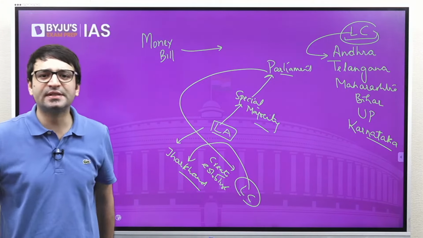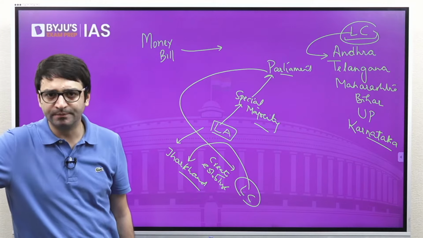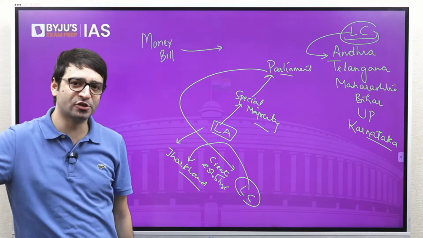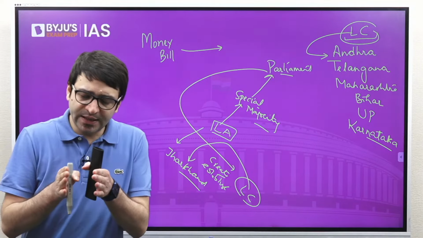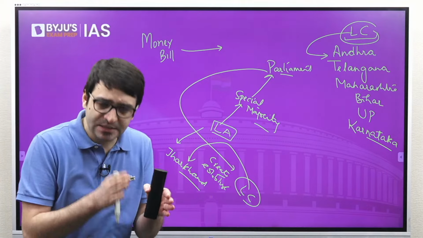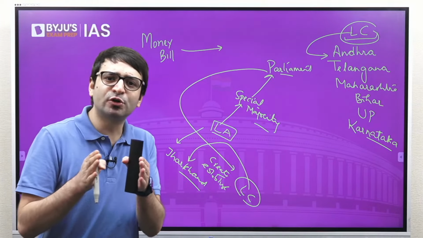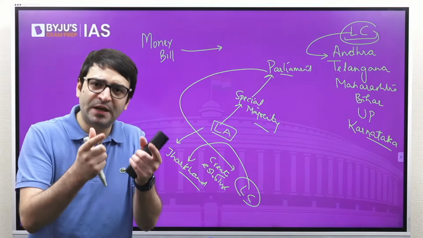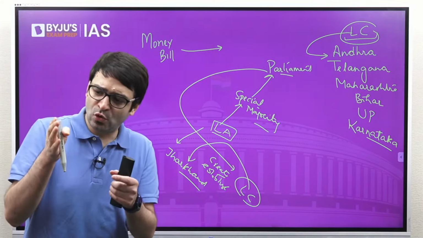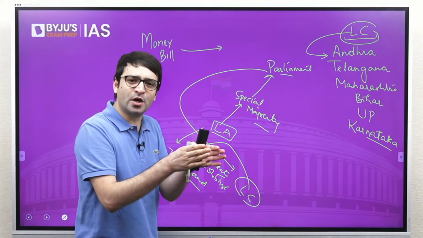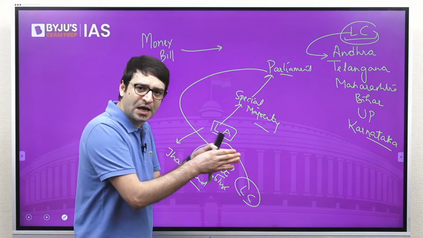The Legislative Assembly of Jharkhand will pass a resolution. By what type of majority? Special majority. Which type? More than 2/3 of the members present and voting, plus a majority of the total membership of the House.